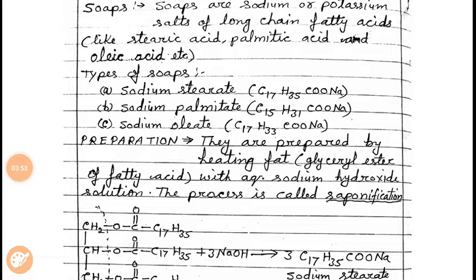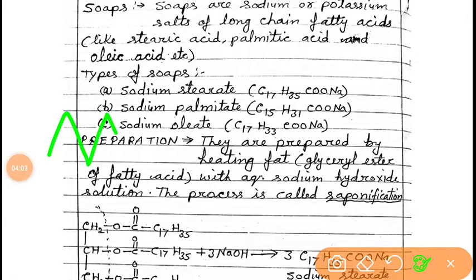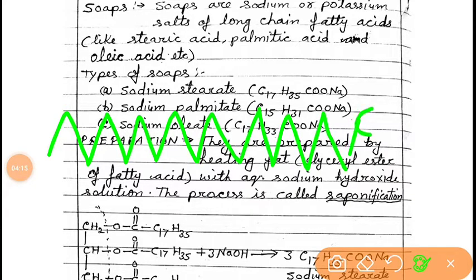C17H35COONa. This is one single molecule of soap, and if we want to show this soap molecule, then we show the 17 carbon atoms, 1, 2, 3, 4, 5, 6, 7, 8, 9, 10, 11, 12, 13, 14, 15, 16, 17, and after 17 what is there? That is COO minus and Na plus.